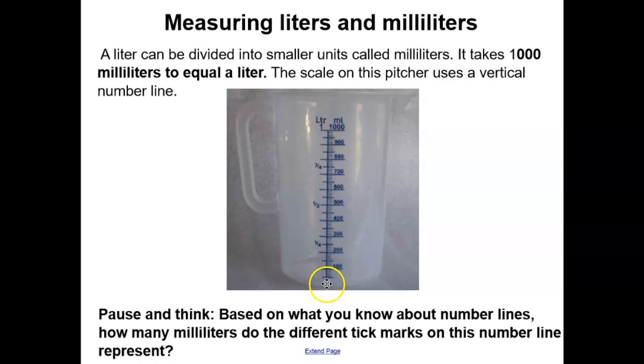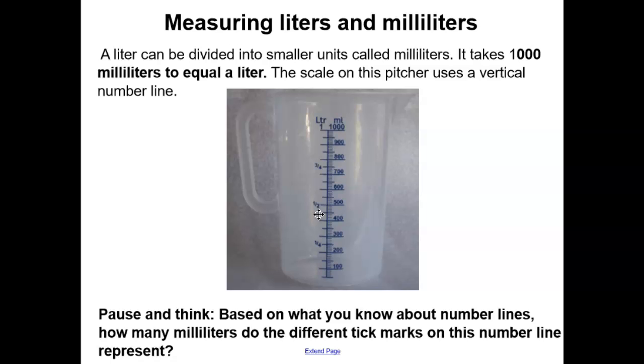Let's look at this number line. Oh my goodness, I can tell that it's increasing by 100 milliliters at a time. I have a challenge for you. Please pause this video and think about, based on what you know about number lines, and especially vertical number lines, how many milliliters do these midpoint tick marks represent? What are these tick marks right in the middle, and how do you know?